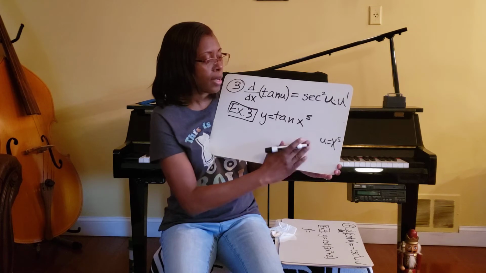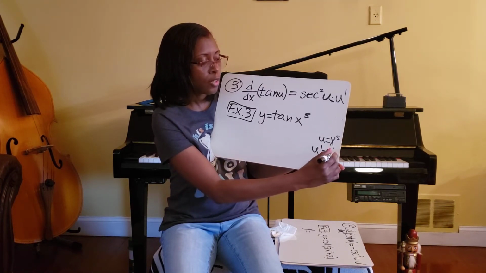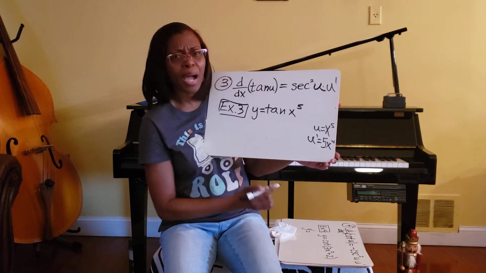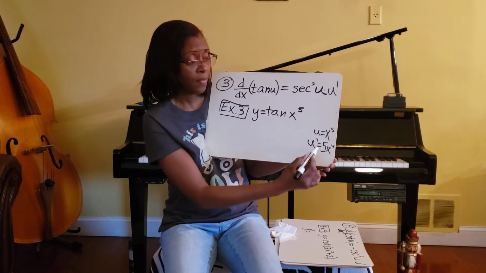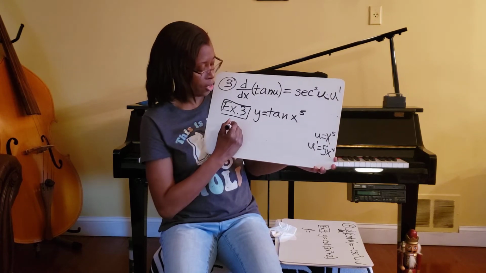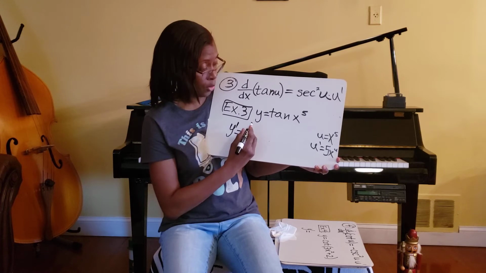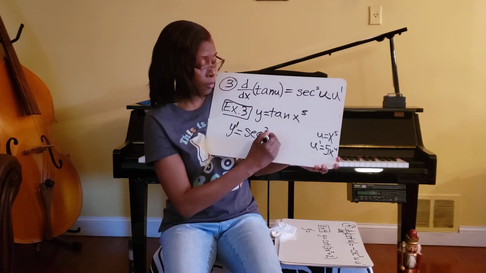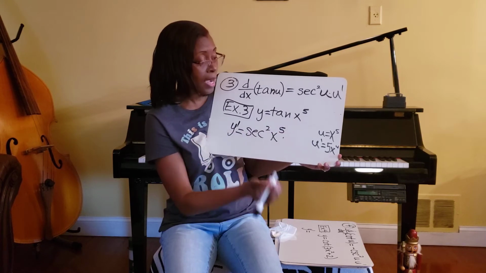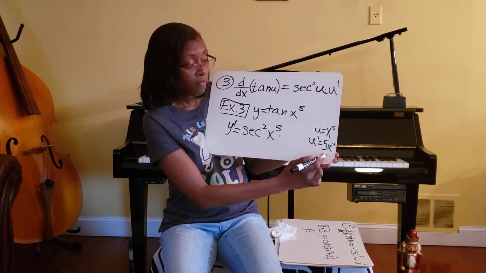So our u prime is 5x to the 4th. We do the power rule here: bring 5 to the front, x, and then we subtract 1 from 5. So our answer, y prime, is equal to secant squared u times the derivative of u, which is 5x to the 4th.